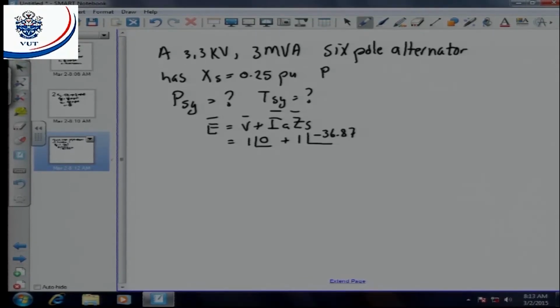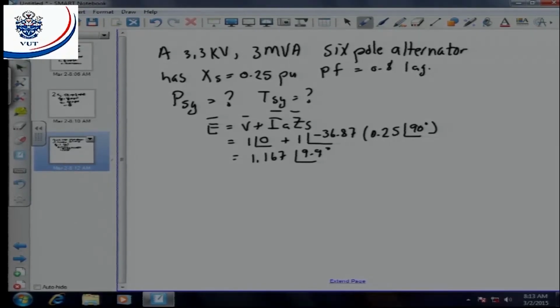The power factor in this case was 0.8 lagging. Times 0.25 at an angle of 90 degrees, which gives us 1.167 at an angle of 9.9 degrees.